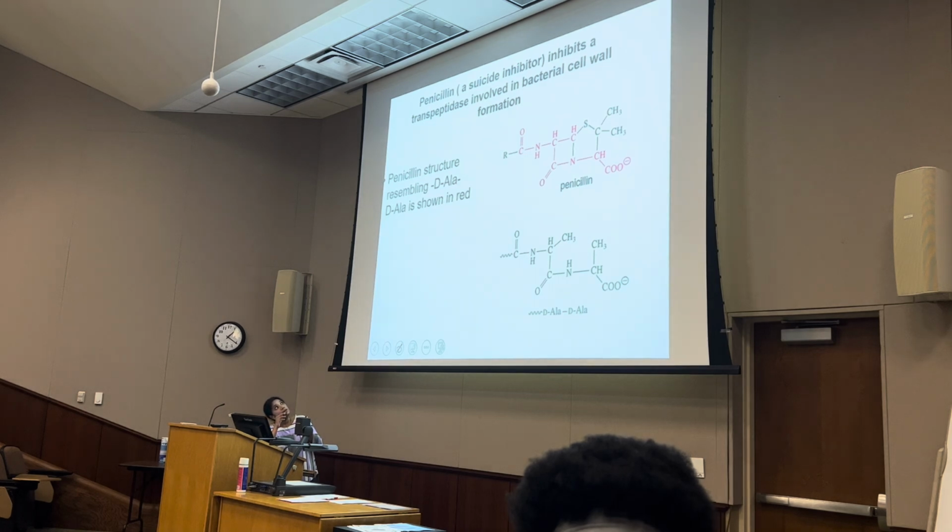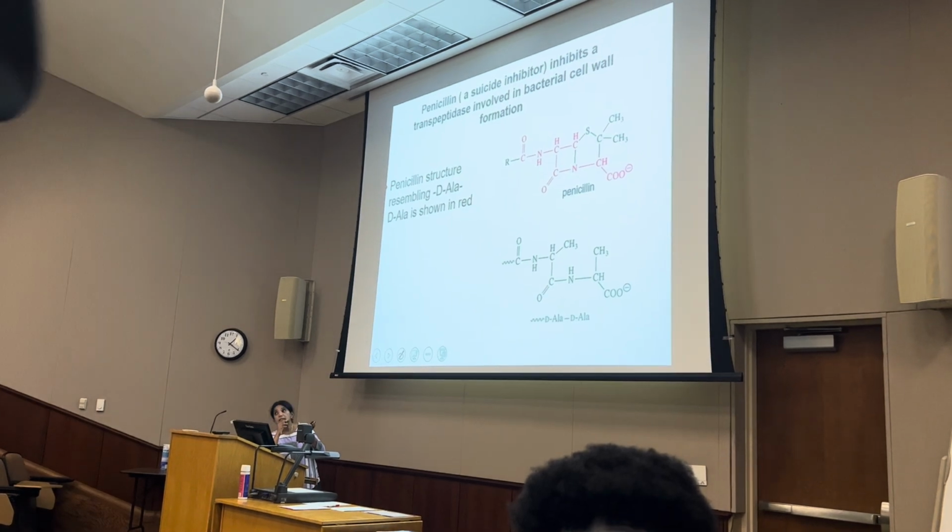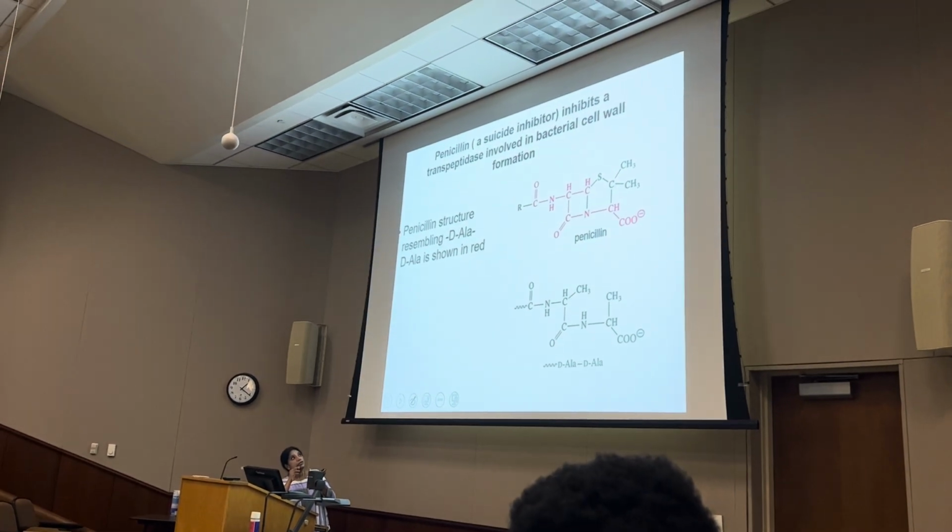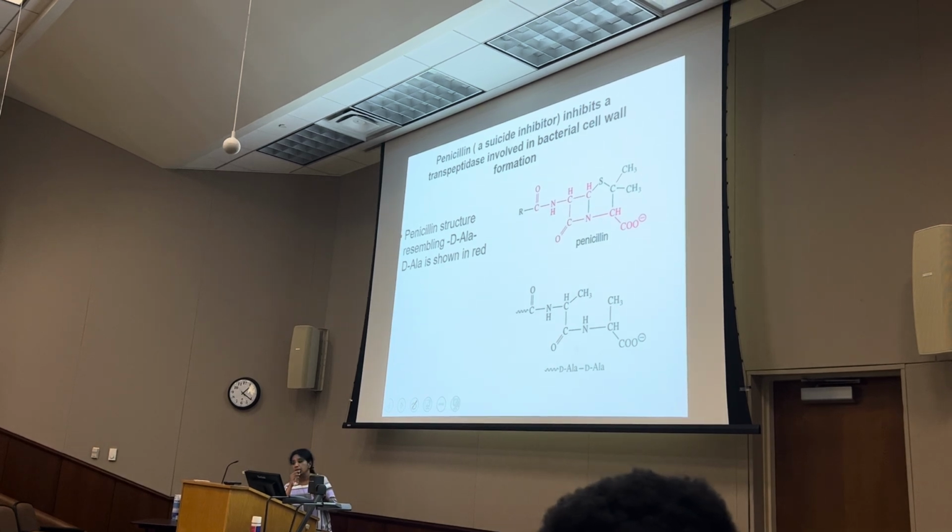So here's your part here, one part here, and the other part is here. Here's the alpha carbon, nitrogen, carboxylic acid, and it forms a ring structure here. Here's the peptide bond, alpha carbon, nitrogen, carboxylic acid, and then it forms a ring. So penicillin was created based on what they knew about the amino acid structure that's found within the peptidoglycan.